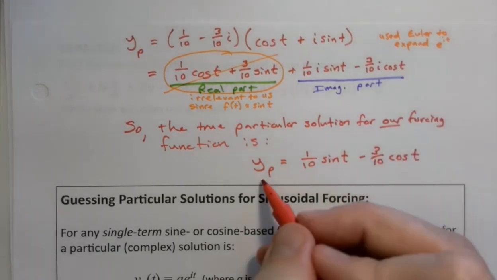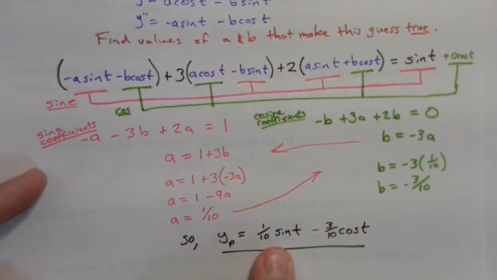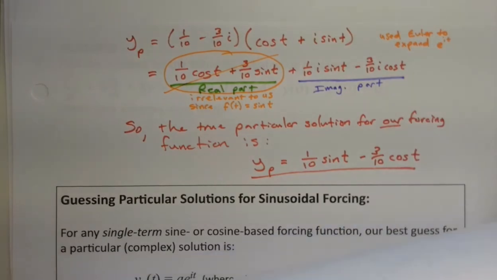And this should look really familiar because that's exactly the particular solution that we came up with many pages ago, right? There's our 1/10 sine t minus 3/10 cosine t. Sure enough, that's the same thing.